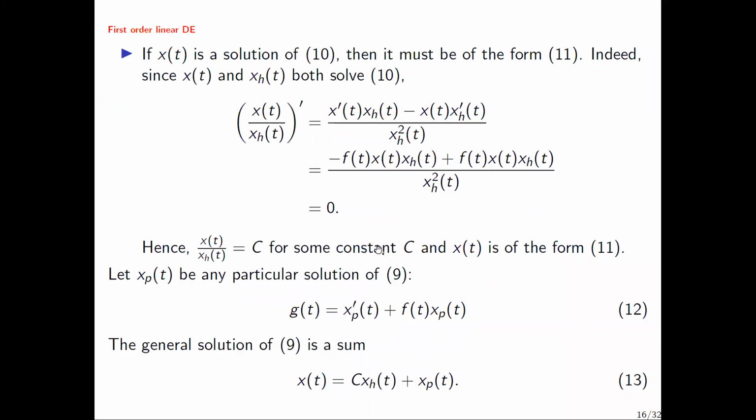So the sum of the homogeneous solution plus a particular solution. To determine this C, we have to know one additional condition. So either the value of x at some time point, either at the beginning of the time interval or anywhere in between. So we need one additional condition to determine C.